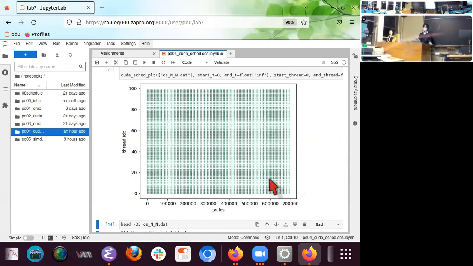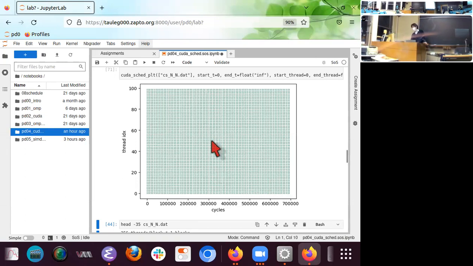So what does it indicate? This is a single streaming multiprocessor, like I say, but still running 100 threads versus running only a single thread takes exactly the same amount of time. Remember that the amount of work is literally increased 100 times, but still the execution time stays the same.